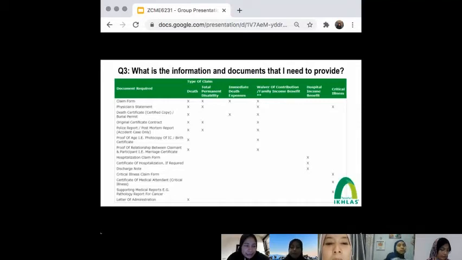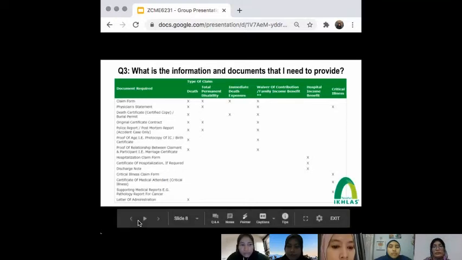As stated in the slides, there are a few documents that we can prepare, such as claim form, physician statements, death certificate, original certificate contract, police report, proof of age like IC copy, proof of relationship between claimant, hospitalization claim form, certificate of hospitalization, discharge note, critical illness claim form, certificate of medical attendance, supporting medical reports, and also letter of administration. Most of these documents can be obtained from the Takaful IKHLAS website itself. So proceed to question number 4.